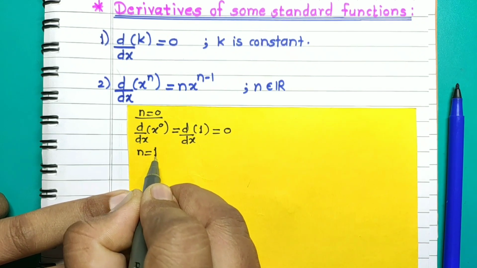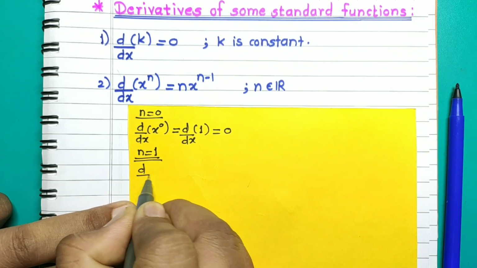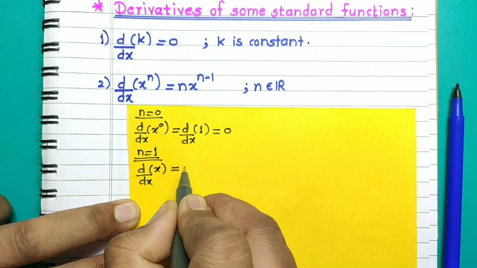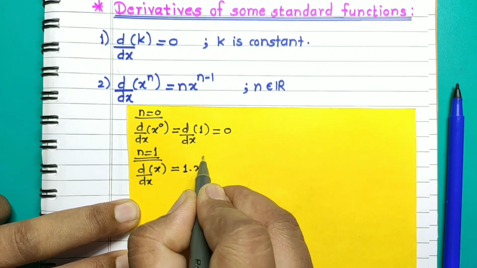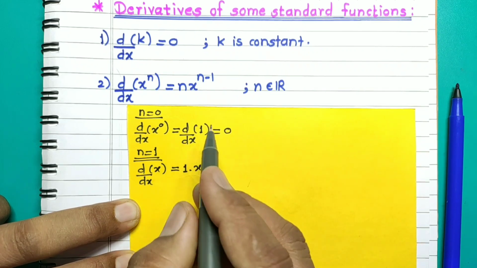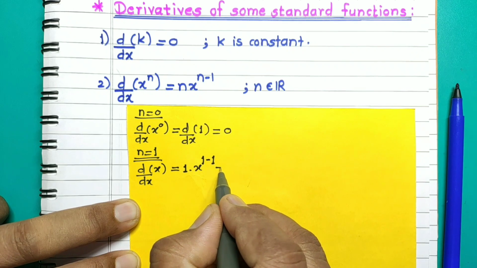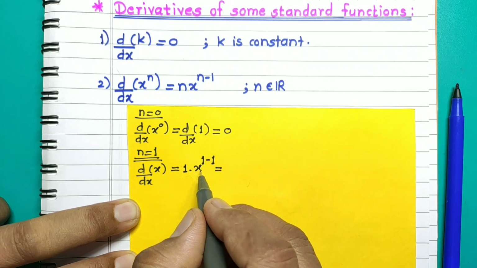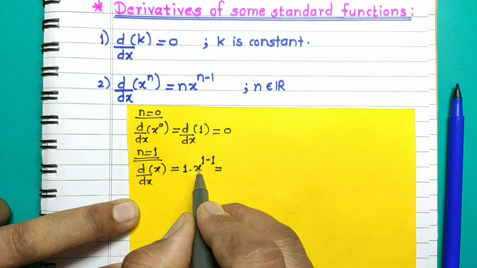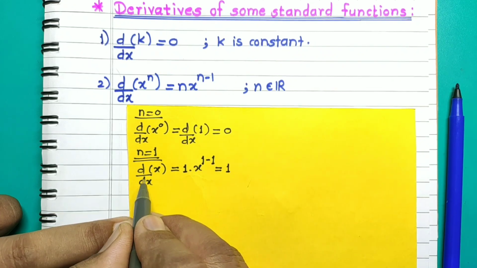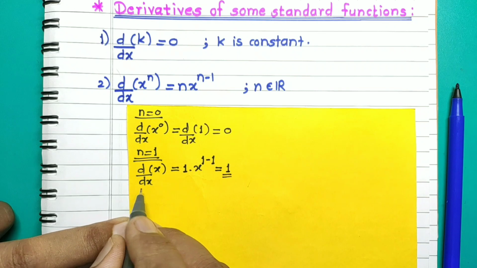Now if n is equal to 1, then this is nothing but the derivative of just x, and it is 1 into x raised to 1 minus 1. By substituting n is equal to 1, we have this. So x raised to 1 minus 1 is x raised to 0, and so it is 1 into 1, which is 1. That means the derivative of x is 1.